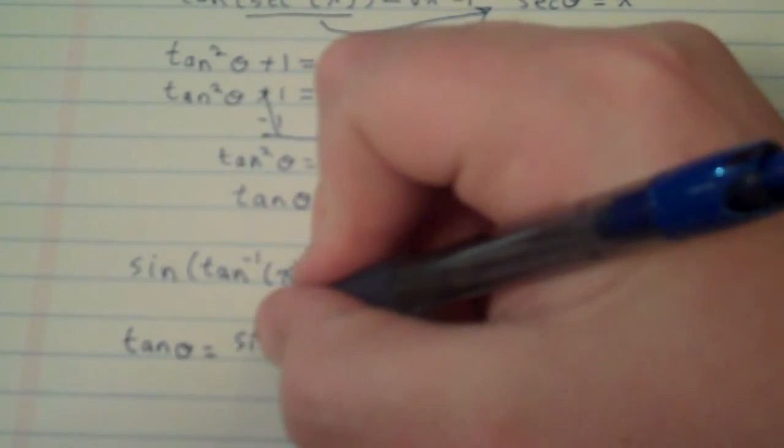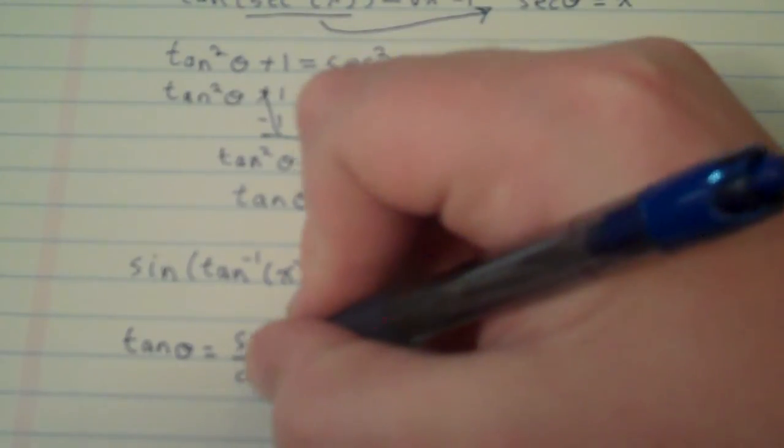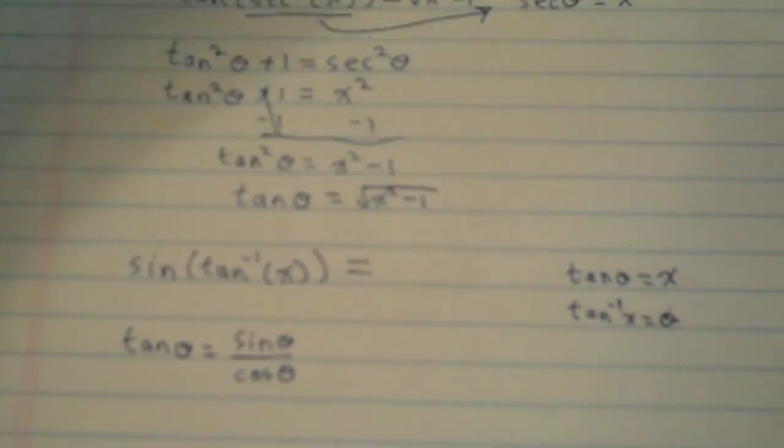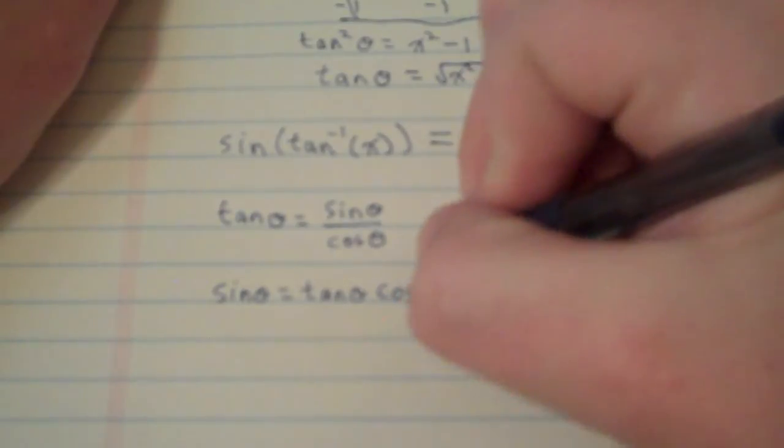And the only equation that I can think of off the top of my head that relates sine and tangent is that tangent of theta is equal to sine theta over cosine theta, which technically means that sine is equal to tangent times cosine. Sine theta equals tangent theta times cosine theta.